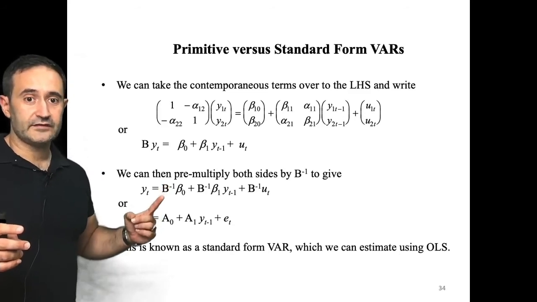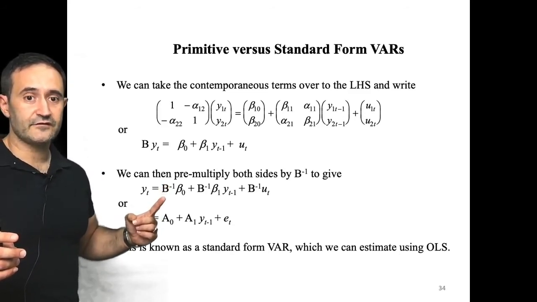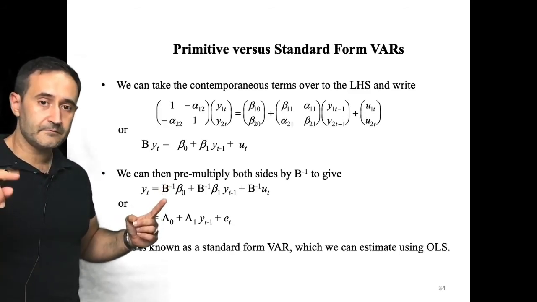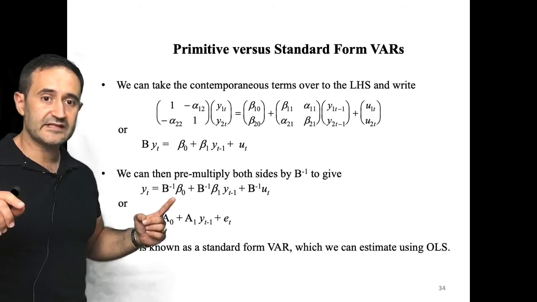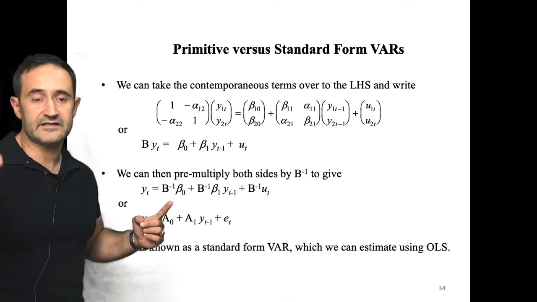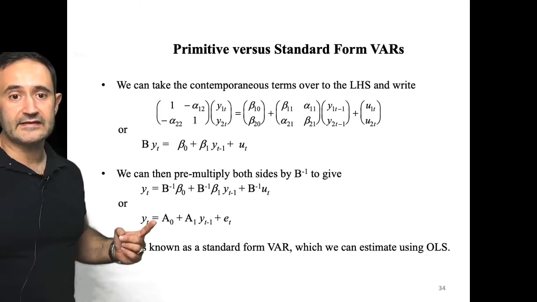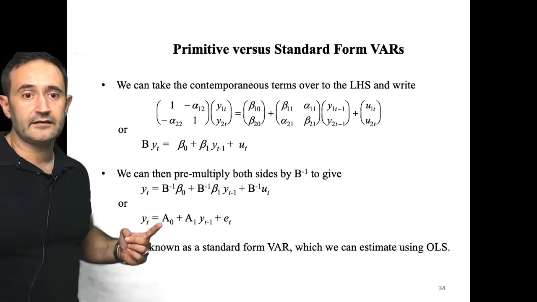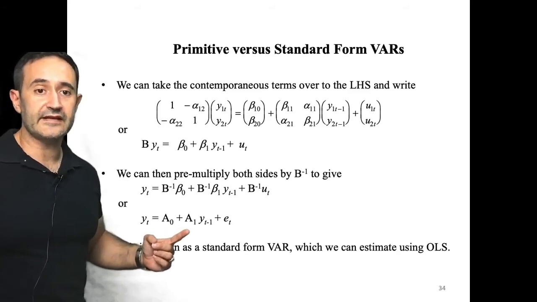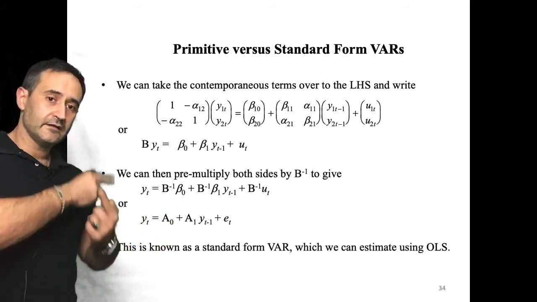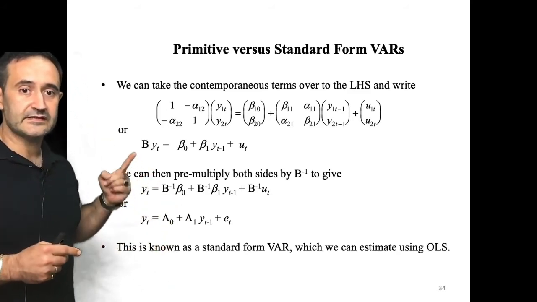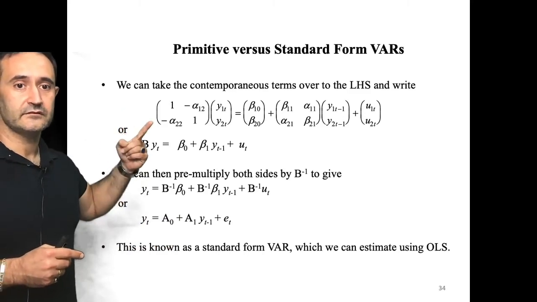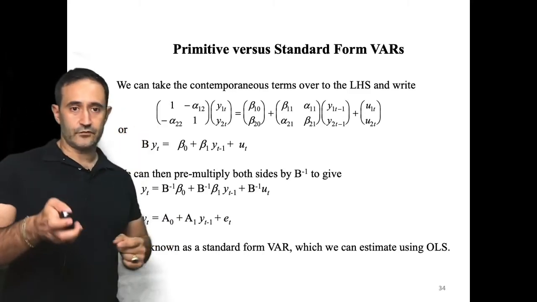So if, instead of B minus 1 times beta 0, we compact it into something else that we will call a0, then with the VAR we can estimate this a0 and a1 very easily, and then go back to the original ones, which are these ones here. Okay, very good.